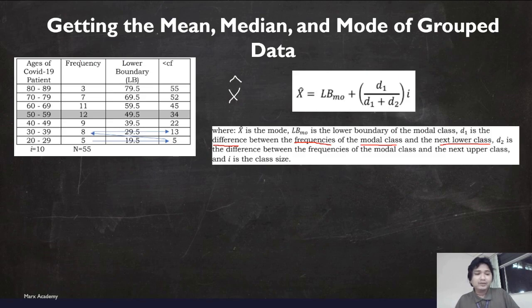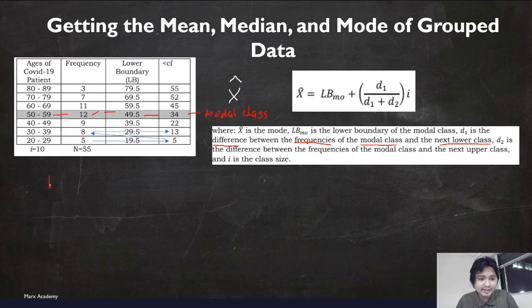So how to get the modal class? The modal class is the age group which has the highest frequency. In this case, we have 12. So this class or group is our modal class.